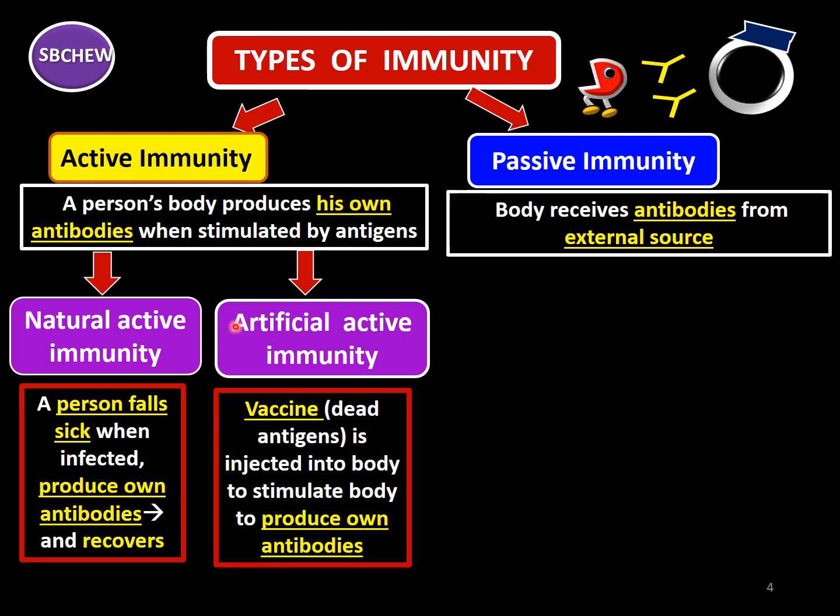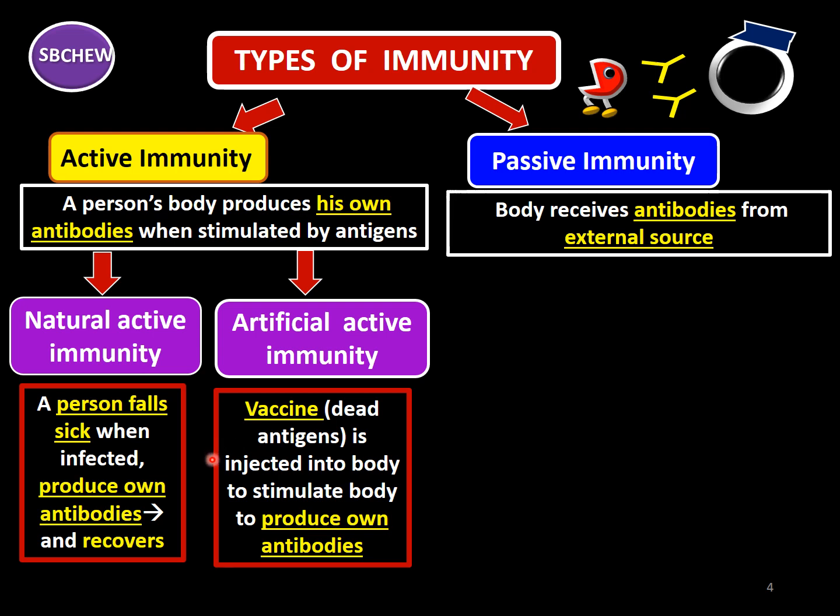For artificial active immunity, the word artificial means there is an injection involved. So vaccine, which are dead or weakened antigens, is injected into the body to stimulate the body to produce its own antibodies. So the person will not fall sick because this vaccine contains dead or weakened antigens that don't harm the body.